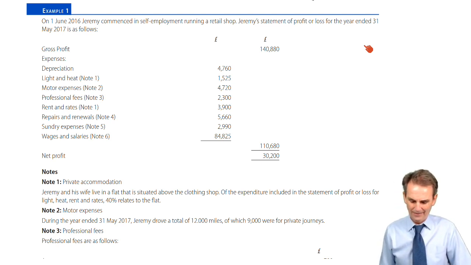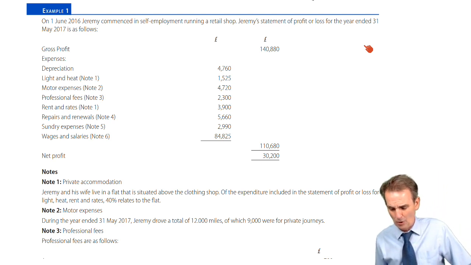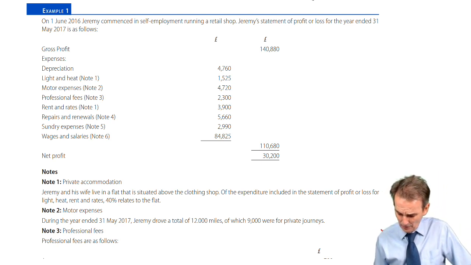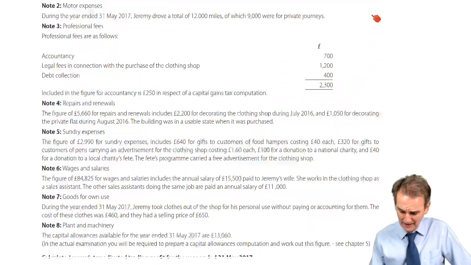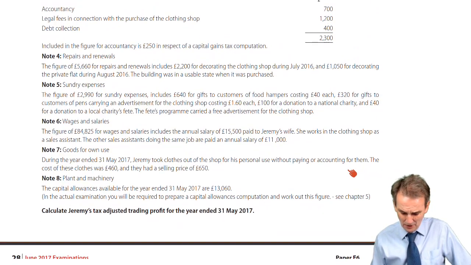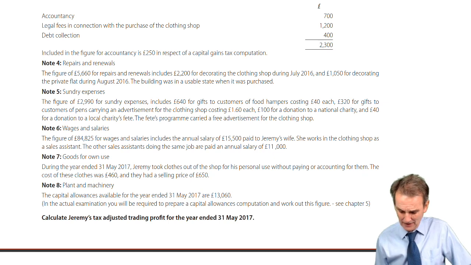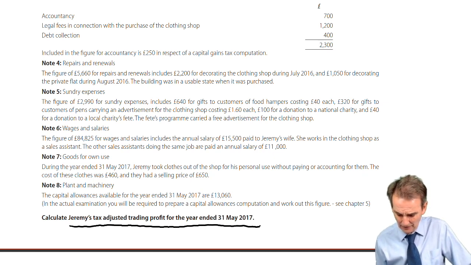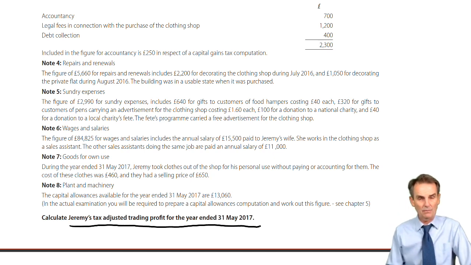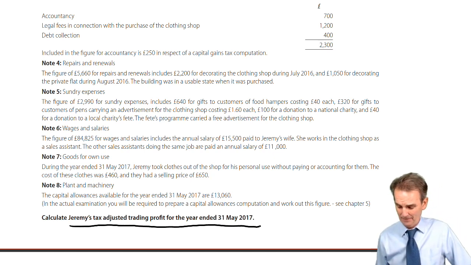Be warned. Okay, well, we've got our example here, example 1, to now work through and what is the requirement on this, as it always would be, to compute for the taxpayer, here the taxpayer is Jeremy, tax adjusted trading profit for the year ended 31st of May 2017.